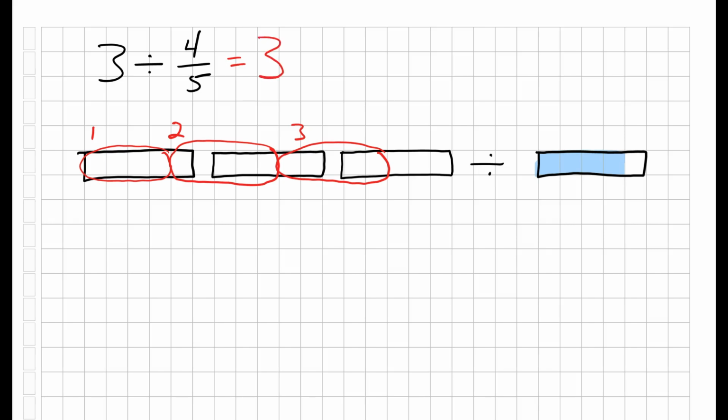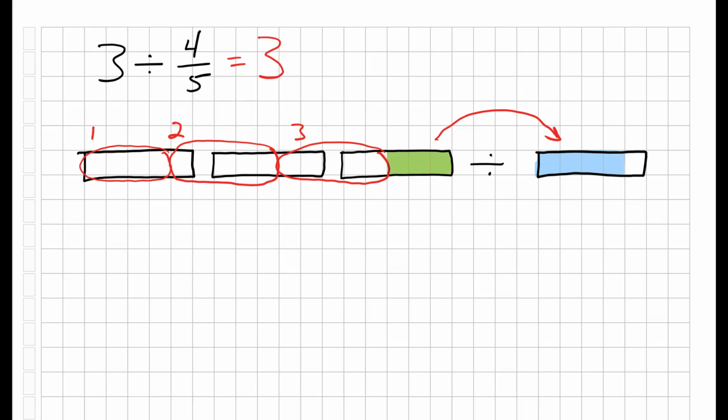Well, 3 and what? Again, I'm tempted to say that my answer is going to be 3 and 3/5, since these three blocks represent 3/5, but I know that's not correct because I have to express this 3/5, remember, as a part of my divisor, which is 4/5. Okay, so my divisor is 4/5, that's these 4 blue blocks, and I want to subtract out 3 of them.